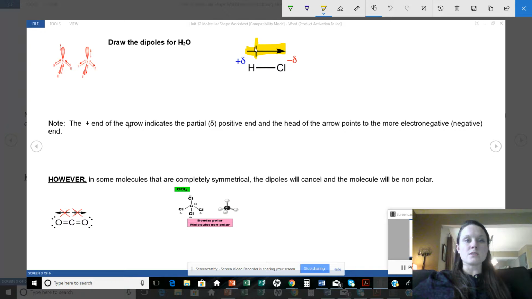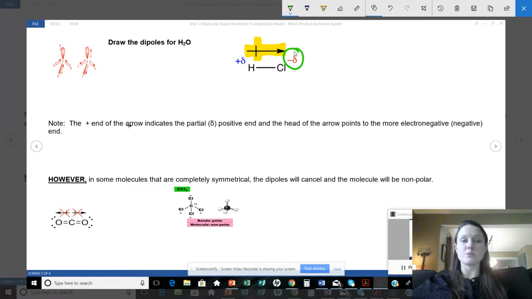You use it to show the direction where the electrons are being pulled. So when you draw in a dipole, the end of the dipole that has the point, that's the end of the bond that has a partially negative charge. Okay, so you should remember that term, partially negative, and that symbol.